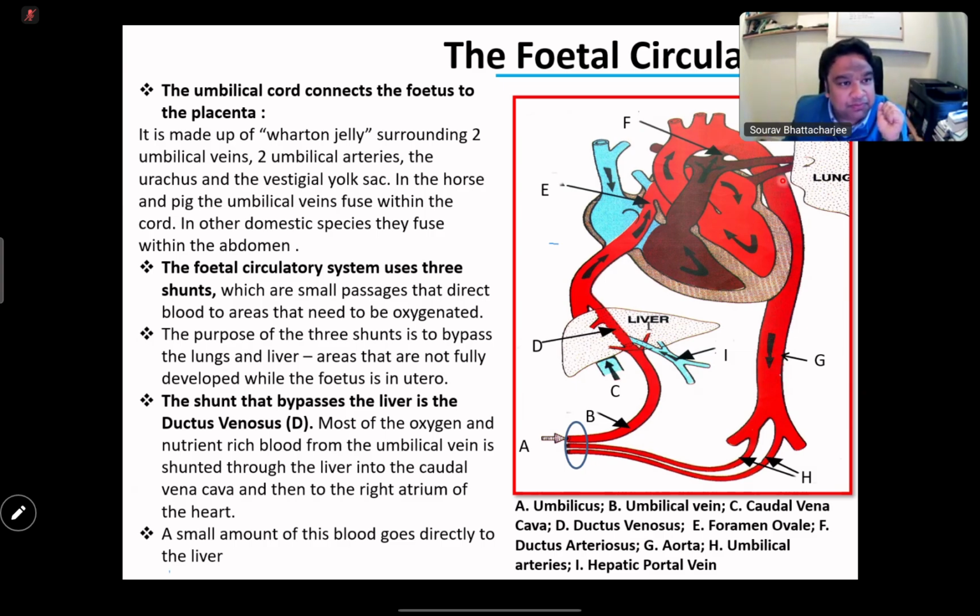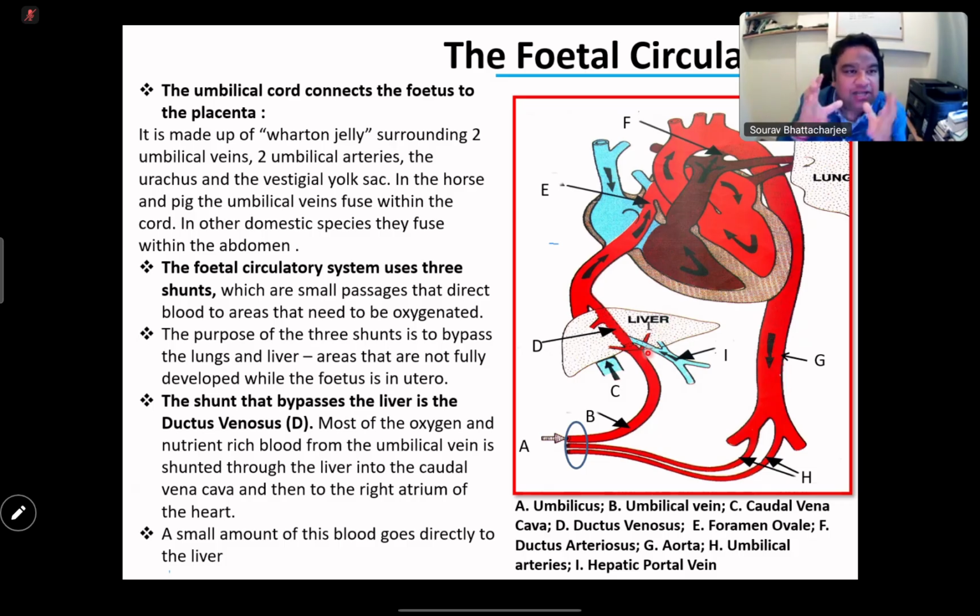So now there is a problem. We have two structures in the fetus which are much more solid. One is the developing liver. I think we have all seen liver, and it is a very tough structure. The second problem is the lungs. They are also a solid structure. Because these two are solid structures, it is very difficult to push blood through them.